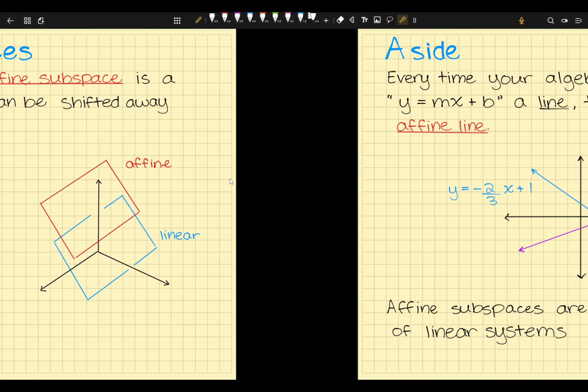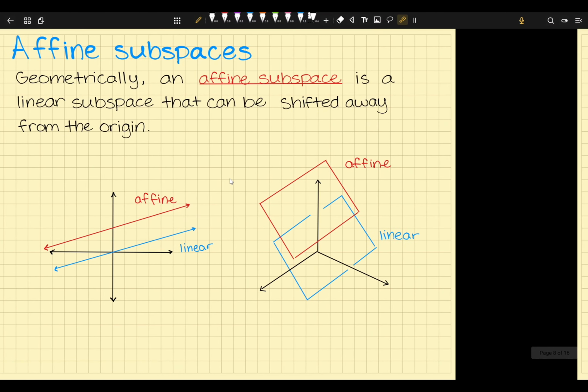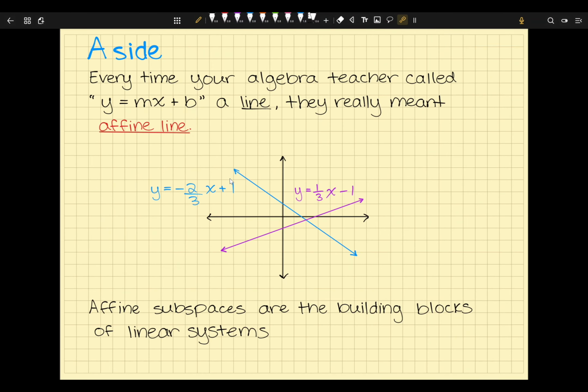As an aside, just to clear up some potential confusion: usually in algebra class, you would write y equals mx plus b and call that a line. Really, we should have been calling that an affine line.